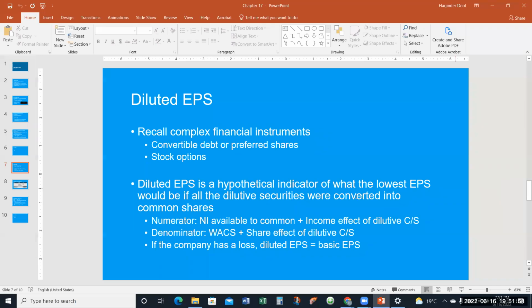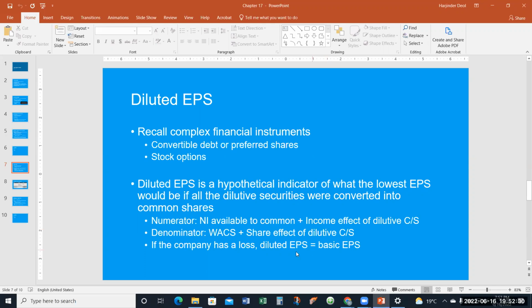All right, so the numerator of the calculation will be net income available to common, which we use for the basic EPS calculation. And then we add the income effect of the dilutive common share. I'll get into more details in a bit, but you just got to understand that if I have any potentially dilutive security, I need to look at the income effect of the conversion.